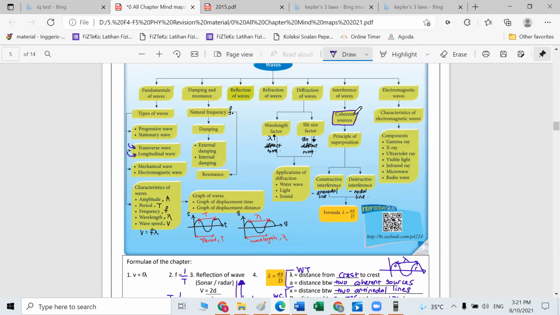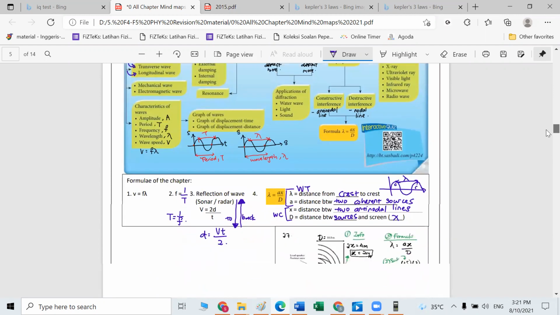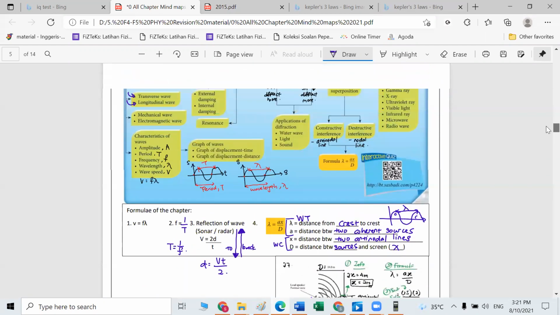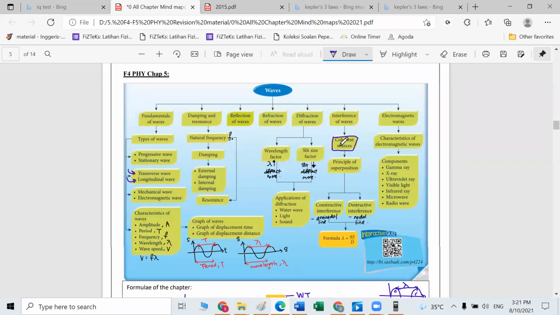When two sound waves interfere with each other, it's called interference. Coherent sources means the two sources, the first source and the second source, both have the same frequency and the same phase.